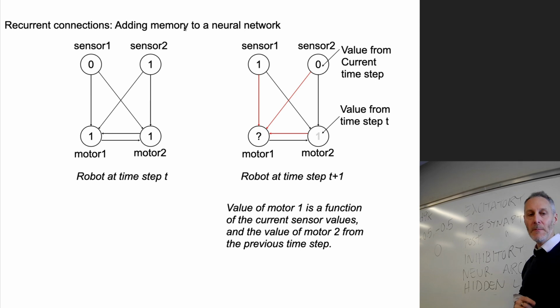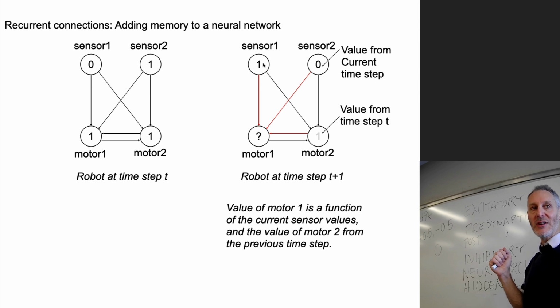There's no memory. But once we add recurrent connections, like for example, these two recurrent synapses now, if at some point in time we have two sensor neurons or two input neurons that are receiving these two values, we want to compute the value of this output neuron. This output neuron has 3 incoming synapses.